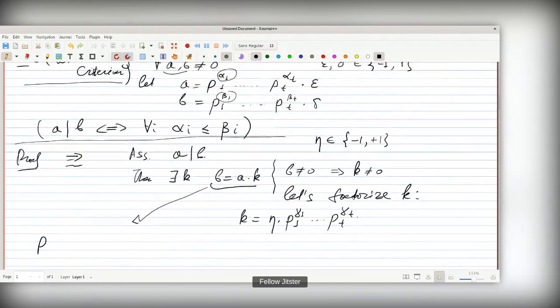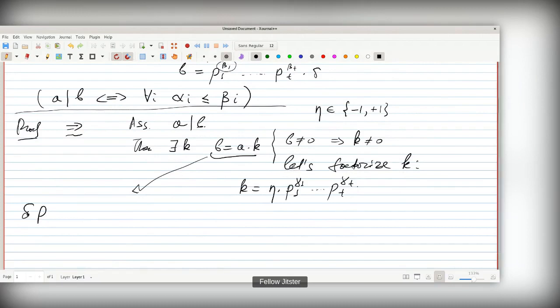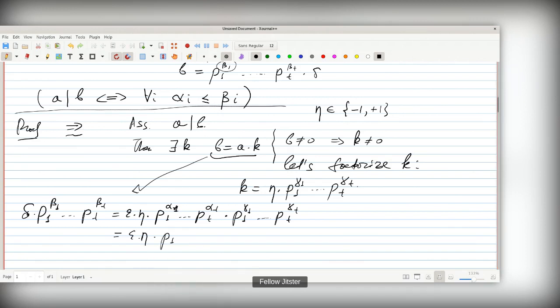So delta multiplied by this factorization of b equals the product, but the right-hand side clearly equals p1 to the power alpha 1 plus gamma 1 and so on.